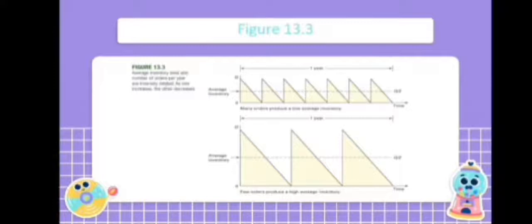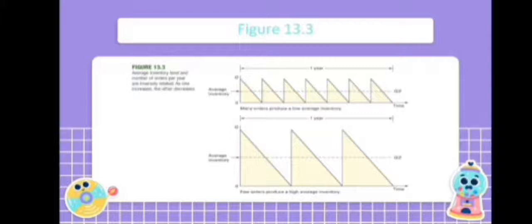The optimal order quantity reflects a balance between carrying cost and ordering cost. As order size varies, one type of cost will increase while the other decreases. For example, if the order size is relatively small, the average inventory will be low, resulting in a low carrying cost. However, a small order size will necessitate frequent orders, which will drive up annual ordering cost.